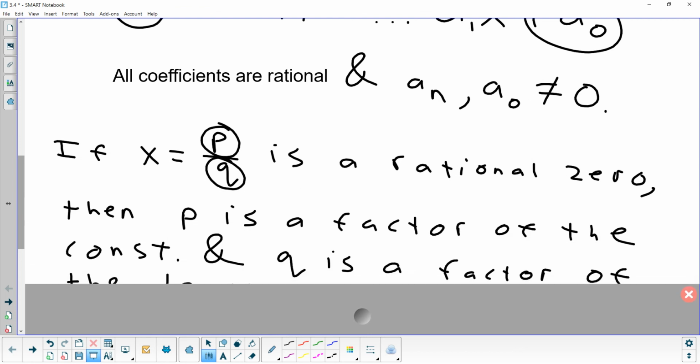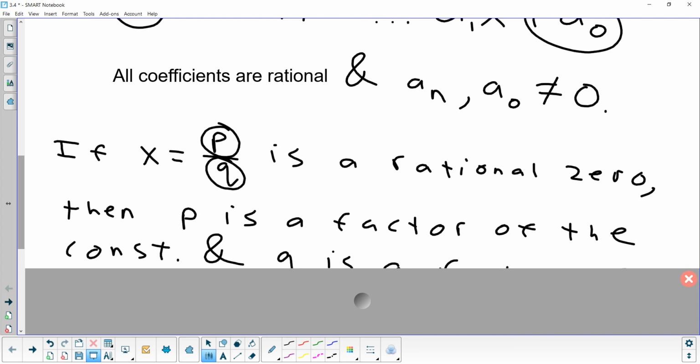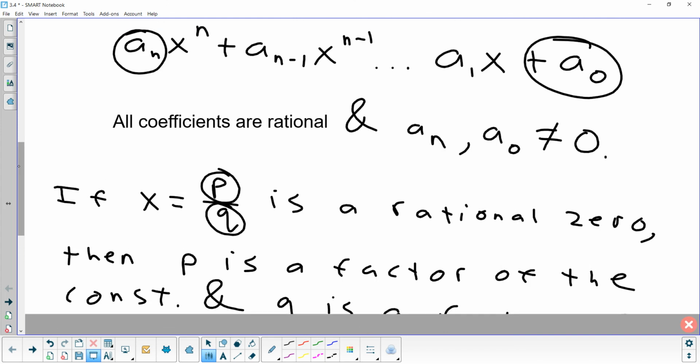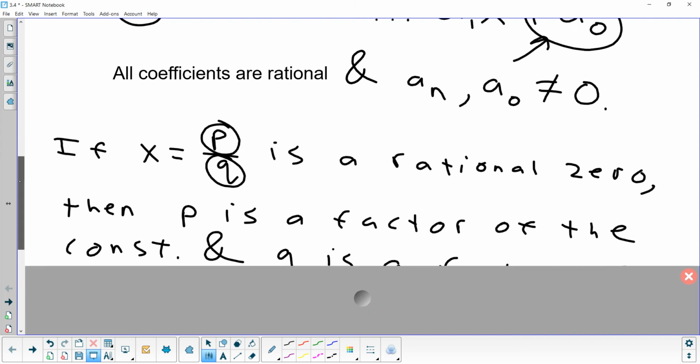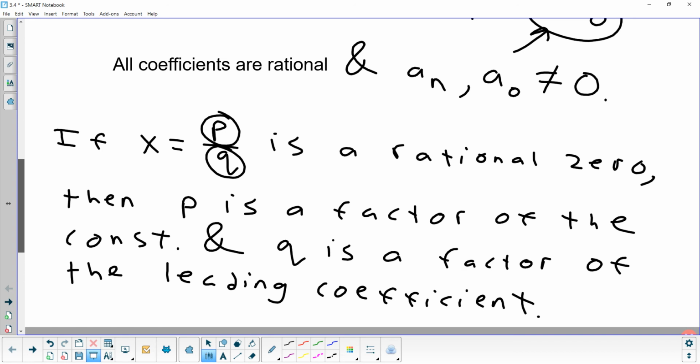P will be all the numbers that are factors of the constant. This is the constant. So p, the numerator of your root, will have to be a number that is a factor of the constant. And the denominator of your root will have to be a number that is a factor of the leading coefficient.